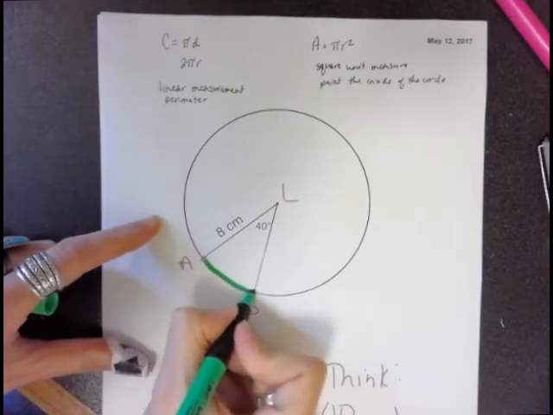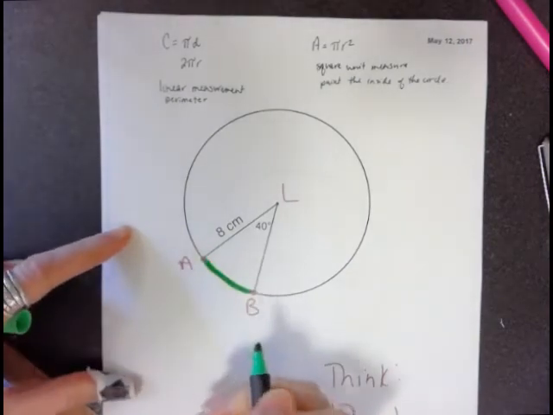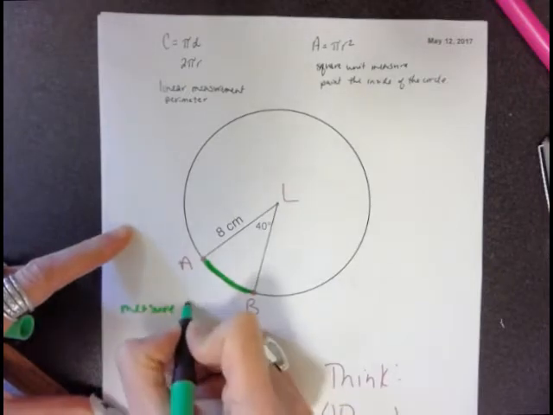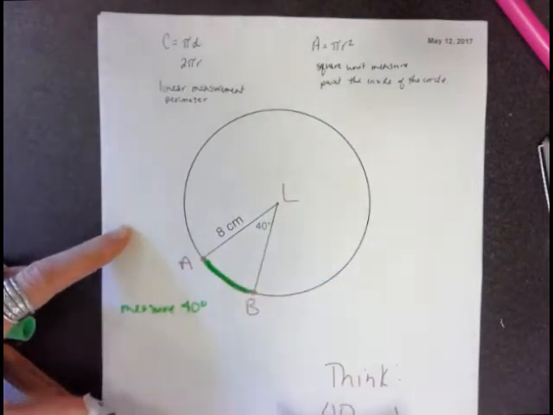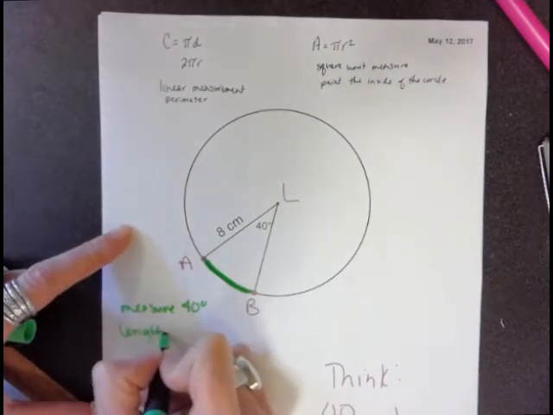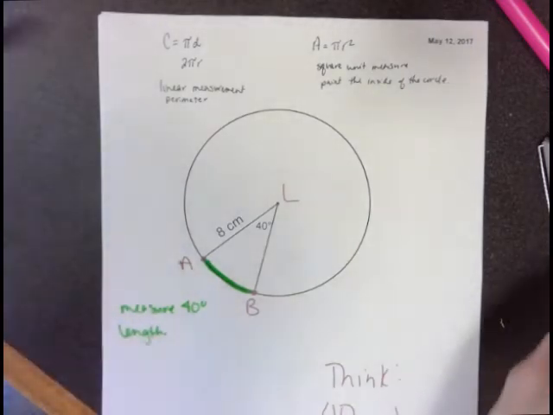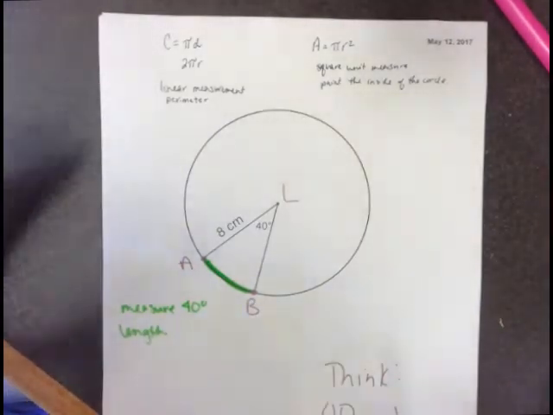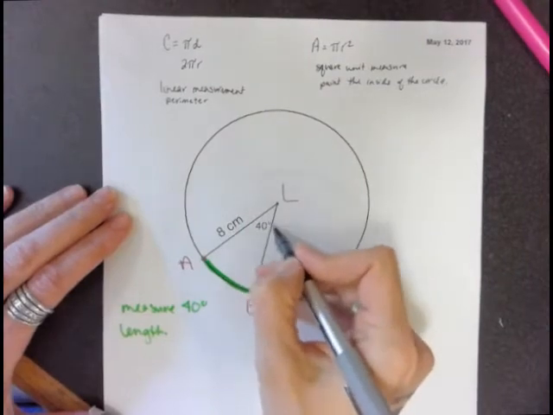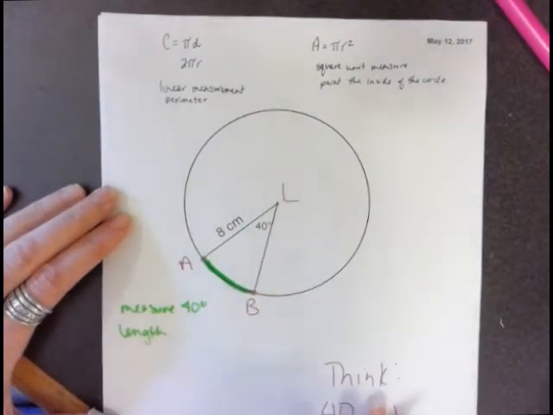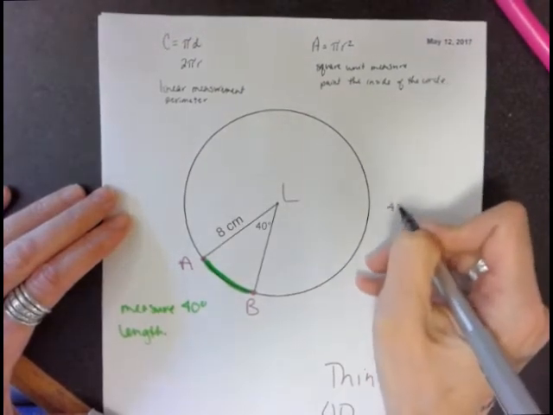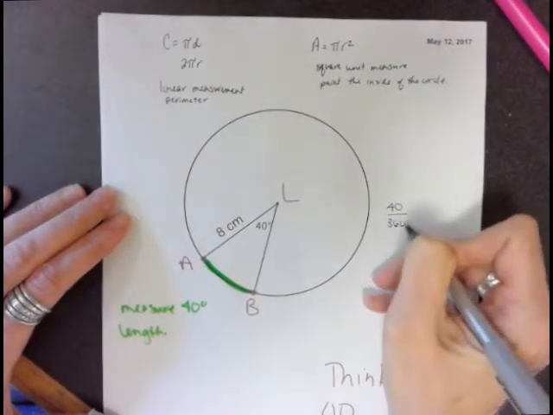So arc AB has a measurement, which means it's a degree, 40 degrees because it's the central angle, but it also has a length. And when we did this in class, we had to say, well, if it has a length, we have to connect it to what 40 degrees means. Well, 40 degrees is 1/9 of 360. Now this is all a review.